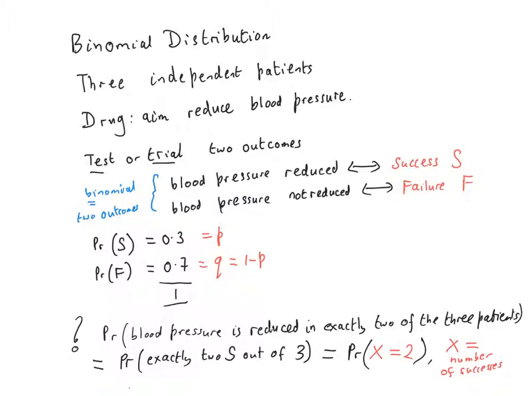So what we're going to do now on the next page is find the probability x equals 2, the probability there are 2 successes out of 3. So let's begin by just writing out what we're trying to work out. We're trying to work out the probability x equals 2. And as we've just said, that's the probability of 2 successes out of 3. So let's think about how 2 successes out of 3 could occur. Well, they could occur as follows.